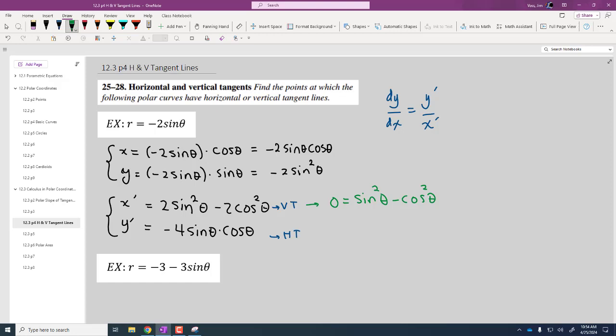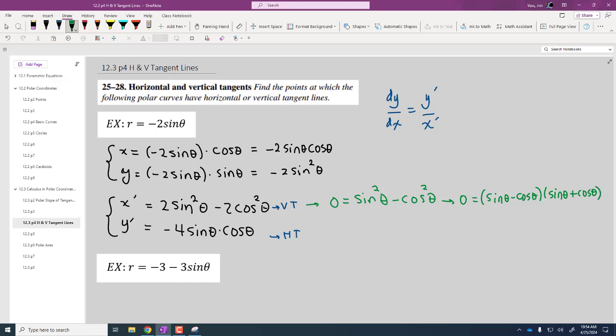We could add cosine squared to the other side and then divide by cosine squared and turn it into a tangent equation. We could just factor this. Doesn't matter. Lots of different ways that you could do this. If we go the factor method, we've got that.